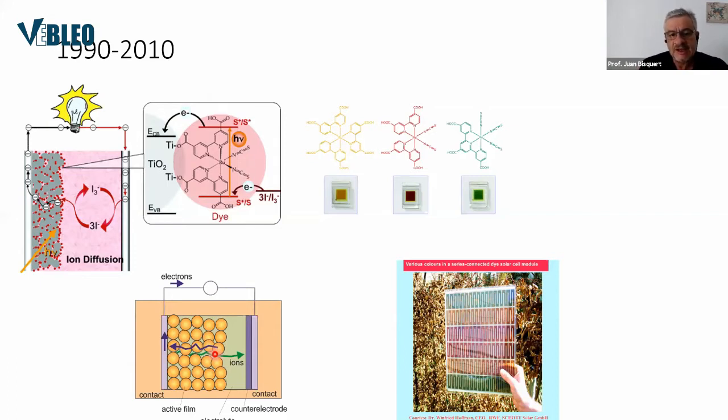This is in principle quite different from the homogeneous semiconductor. Based on this concept, you can make solar cells with organic materials, and in particular, you can make these multicolored solar cells. This is the dye-sensitized solar cell, mainly the work of Michael Gratzel and many others, and it was well developed until 2010.